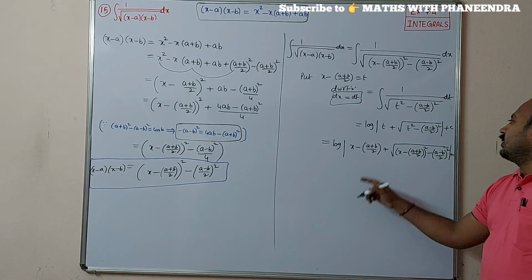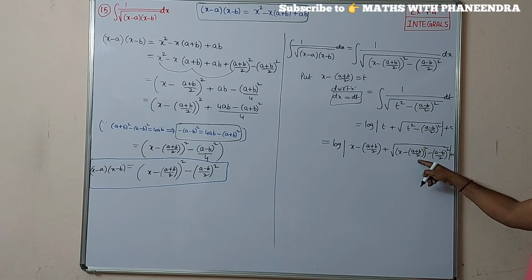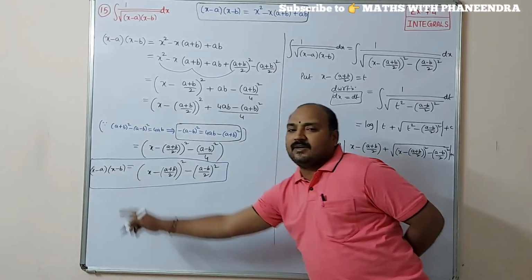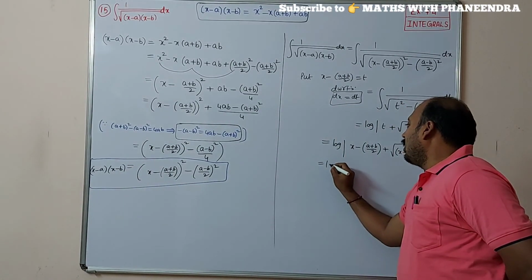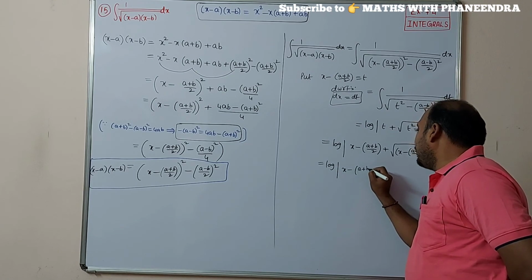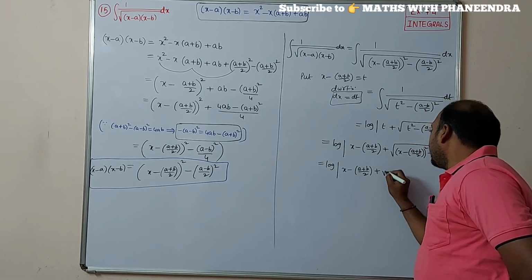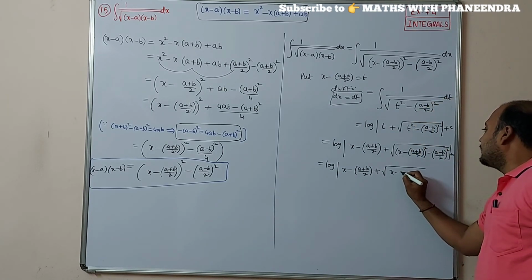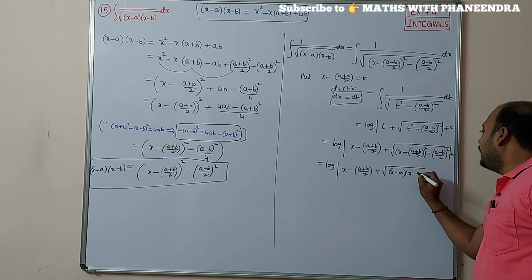This value we can write as log mod (x minus (a plus b)/2) plus under root of (x minus a) into (x minus b). That's all.